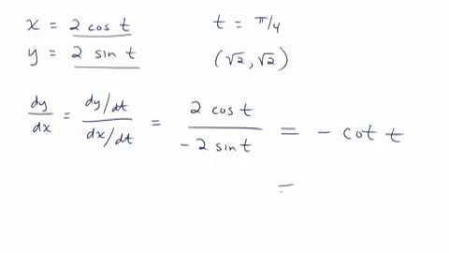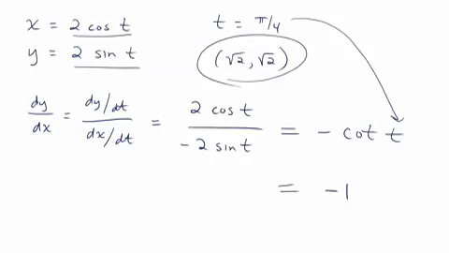Now to find the slope of the line, let's substitute pi over 4 in for t, and negative cotangent pi over 4 is negative 1. Now let's find the equation of a line that passes through the point root 2 comma root 2 and has slope of negative 1.